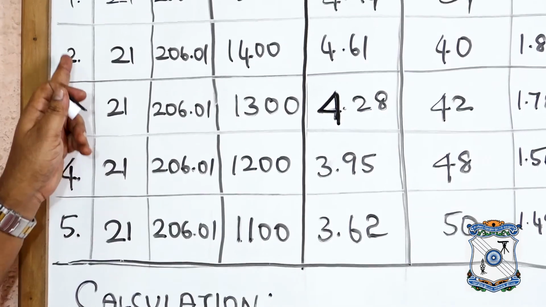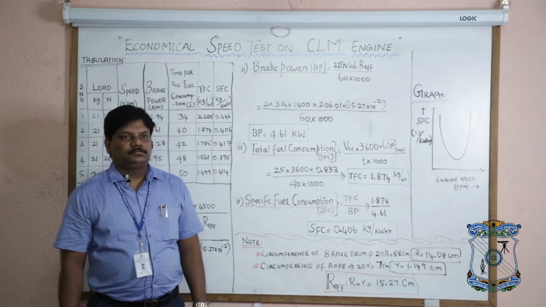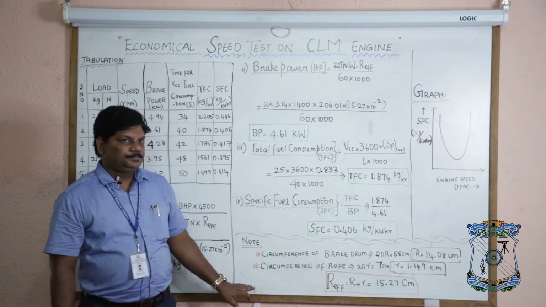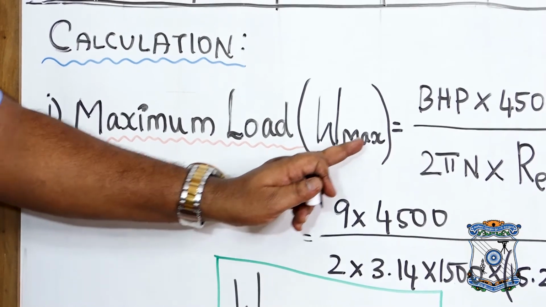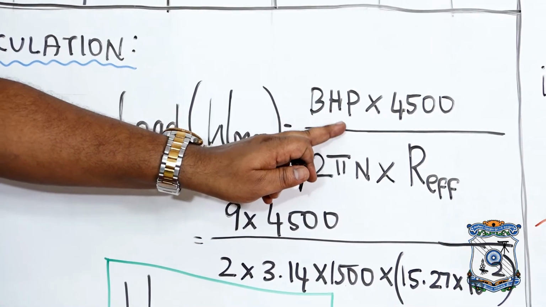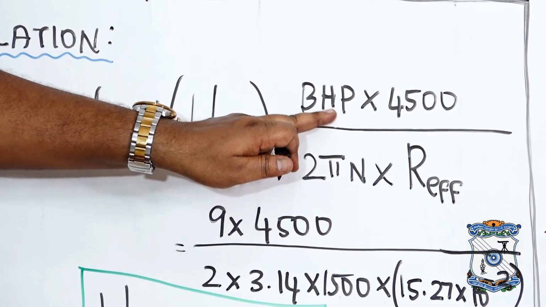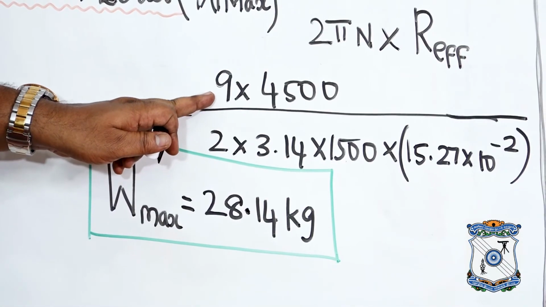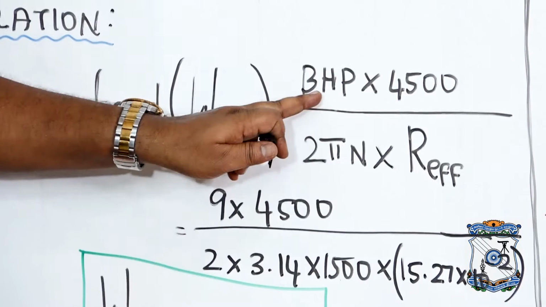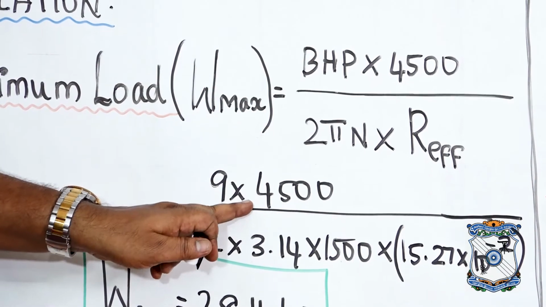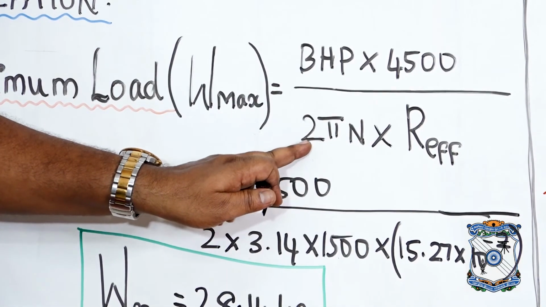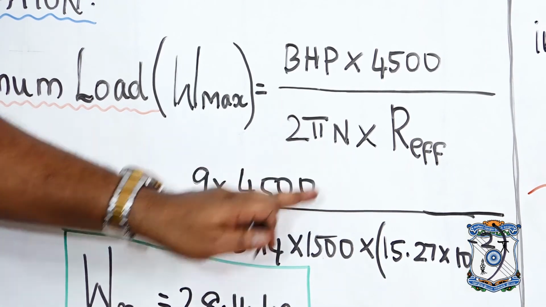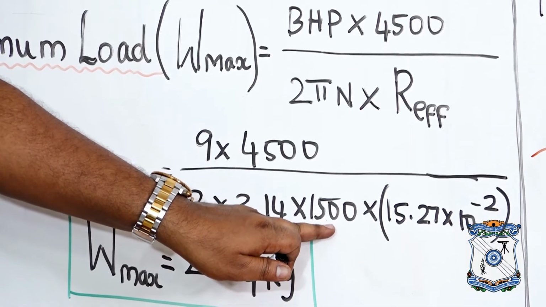For example, if you take any set of the readings, say the second reading, here the maximum load, that is W max, is equal to BHP, the rated brake horsepower that is given in the engine specification. So BHP is around 9 into 4500 divided by 2 pi, n is the rated speed.